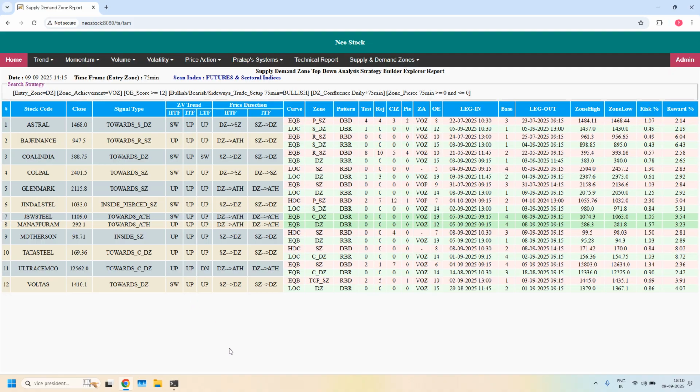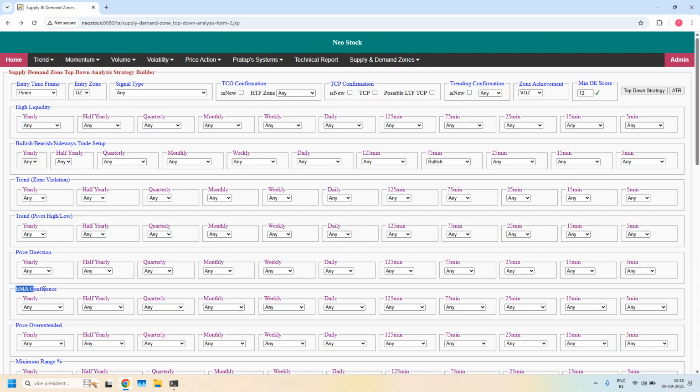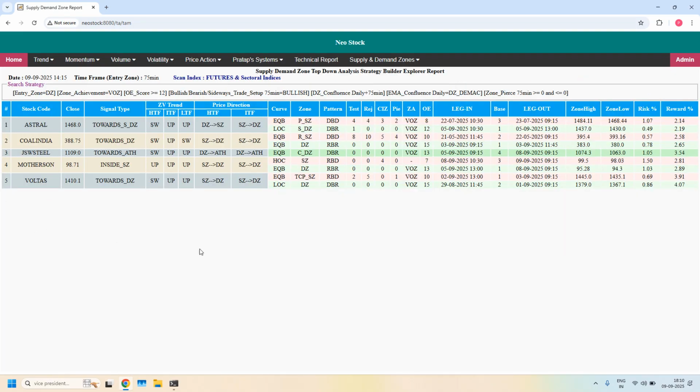So we can further filter based on the daily demand zone having daily EMA confluence, because the 75 minutes demand zone is overlapped with the daily demand zone. So I'm going back, setting the EMA filter at daily time frame with daily demand zone having daily EMA confluence, because the daily trend is an uptrend. So we got 5 stocks.